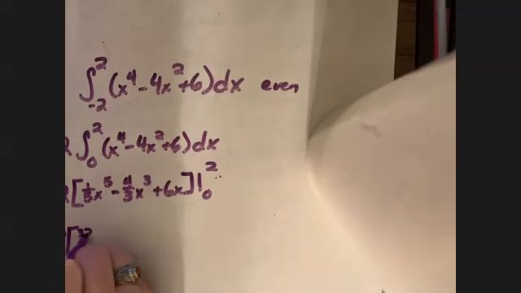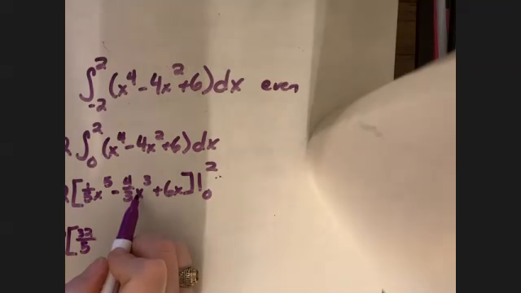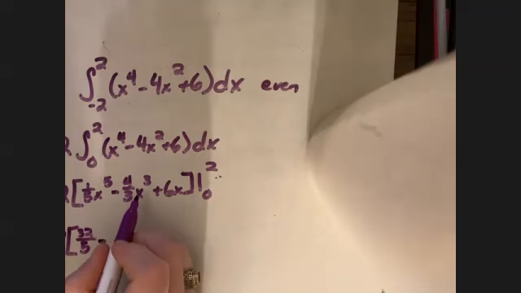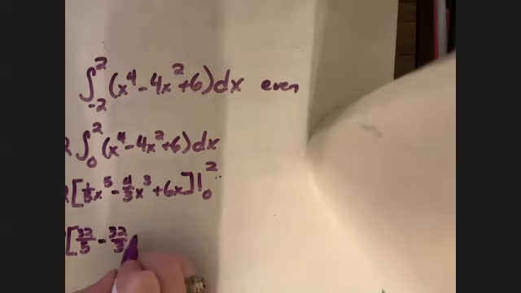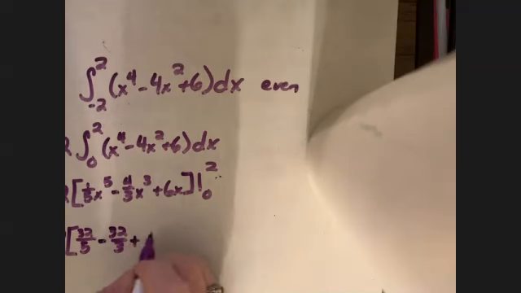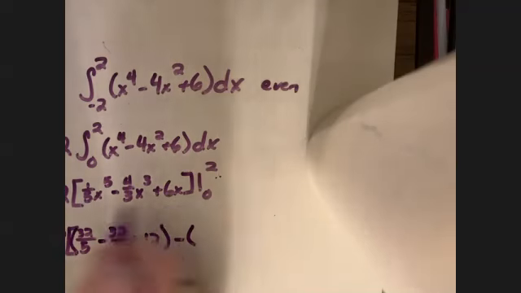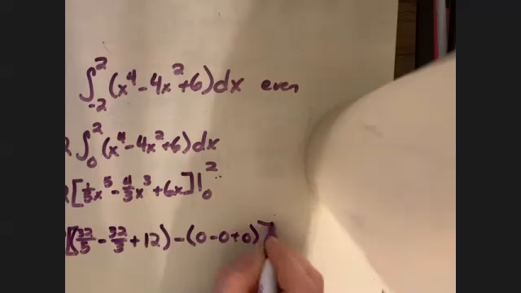So that's 32 fifths. Let's see. 2 cubed is going to be 2, 4, 8 times 4 is 32 thirds. Plus 2 times 6 is 12. Then minus, when I plug in 0, I'm going to get 0 minus 0 plus 0.